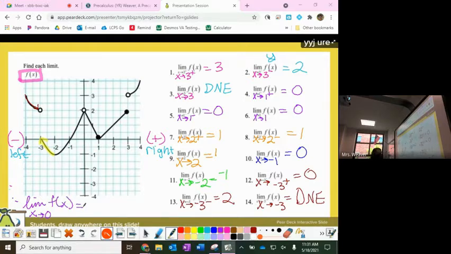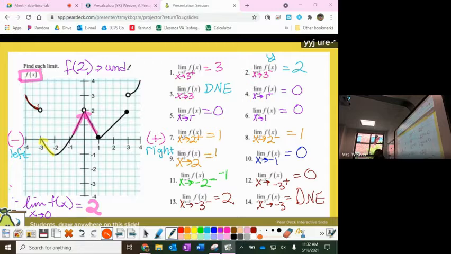Okay. If we take a look at that, if we're coming from the right, I can see it approaches 2. If we're coming from the left, I can see it approaches 2. And the limit actually is 2, even though the function is discontinuous at x equals 0. If the limit from the left and the right are the same, then the limit exists, and that's the limit. So the limit of the function as x approaches 0 is 2, even though f of 2 is undefined.